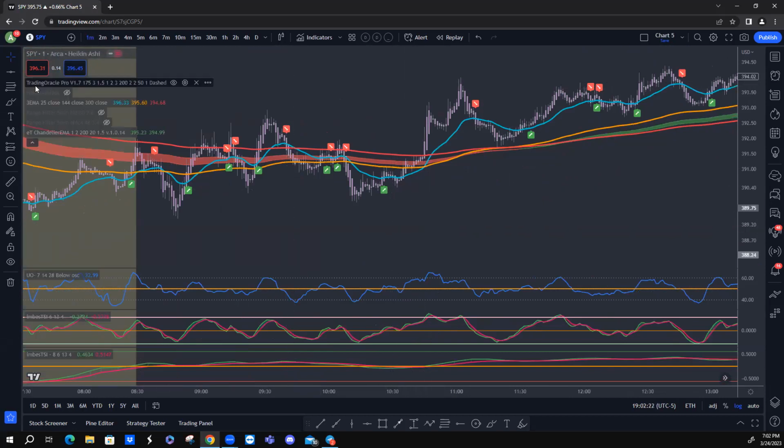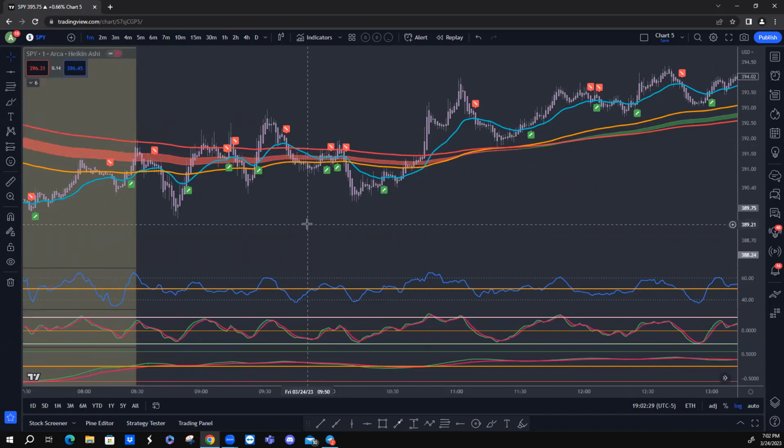Okay, and I have this at 175 sensitivity. And for the most part, at least for me, it's been a little bit better at 175, so I'm playing with those numbers and then trying to incorporate some of my indicators that I have below as extra confluences.